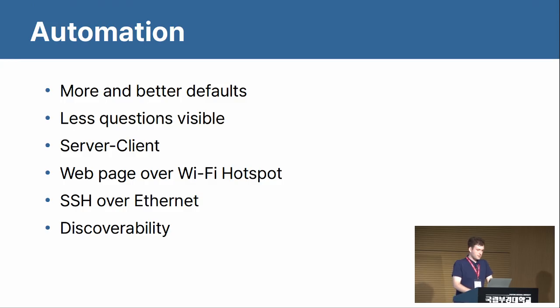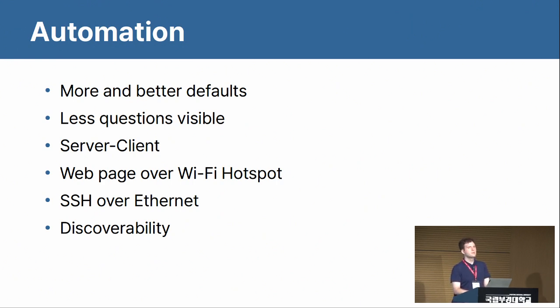It is hard to run Debian Installer on single board computers and weird devices. That could be made easier by providing images that set up Wi-Fi hotspots and serve a web page for the Debian Installer. We could also automatically open up an SSH version of Debian Installer over an Ethernet connection. But these need some discoverability as well.